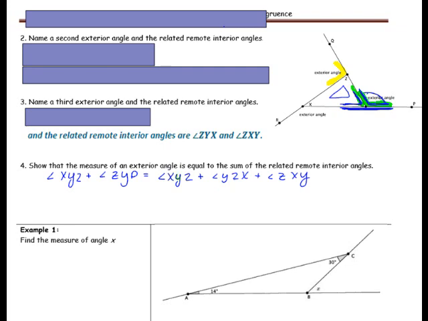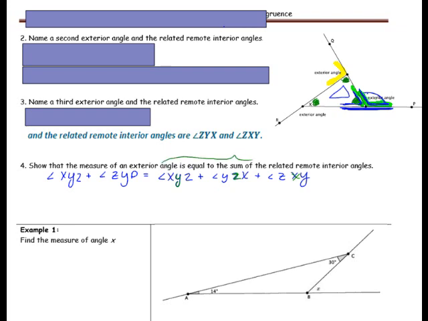So we have angle XYZ, that's right here. And then we have angle YZX, that's right here. And then we have ZXY, which is right here. So those are the three interior angles, and we know that that adds up to 180 degrees.